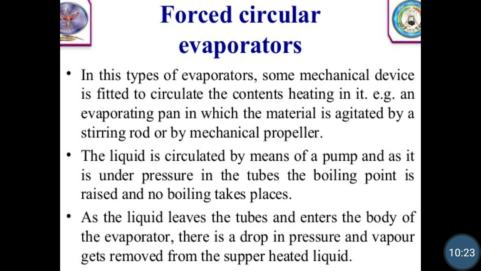Okay. So in the separator, the pressure drops so that the liquid starts boiling, and the vapors are collected and go into the condenser, and the concentrated liquid is collected from the bottom of the separator.